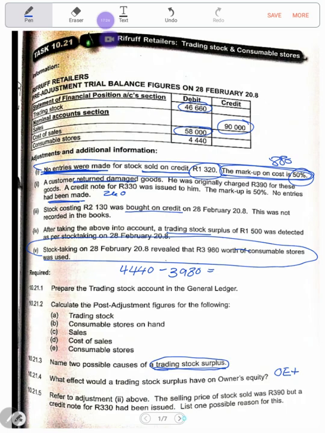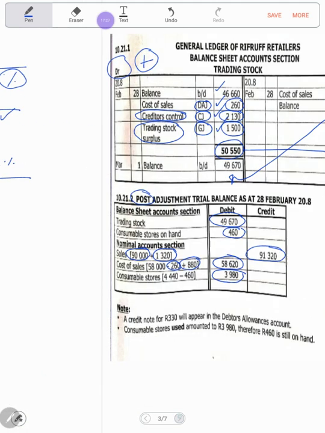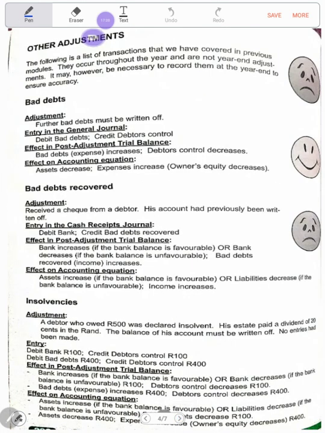All right, moving along to week 3's work, grade 10s. The other adjustments that can arise within a year. We have bad debts. Bad debts is an expense amount. How do we get bad debts? Our debtors who we sell to on credit unfortunately stop paying us. We have to write that off as a bad debt.